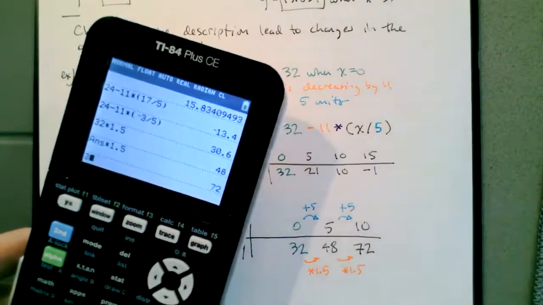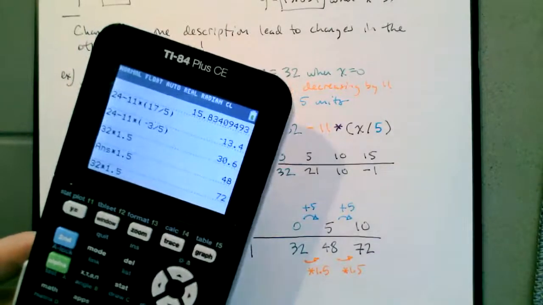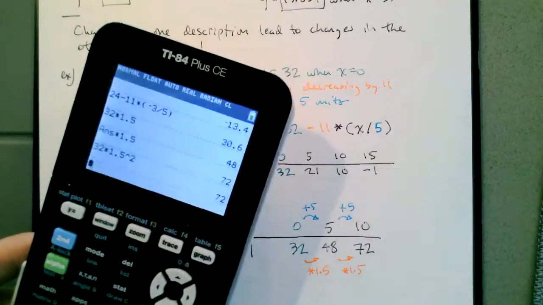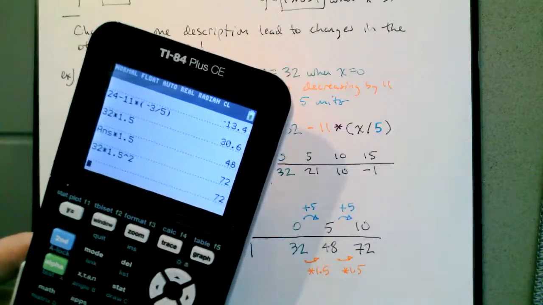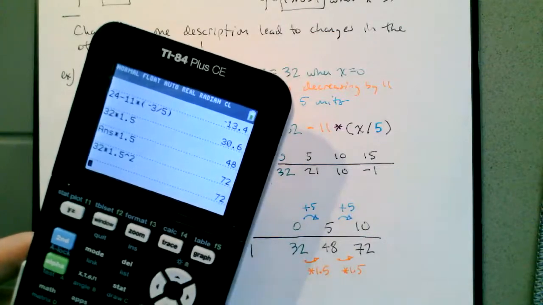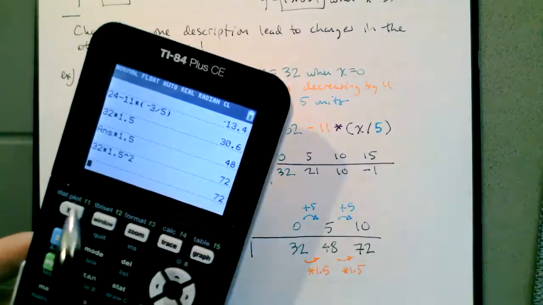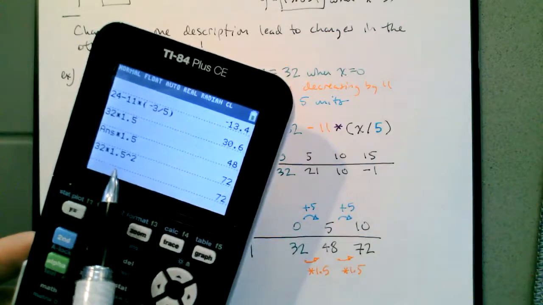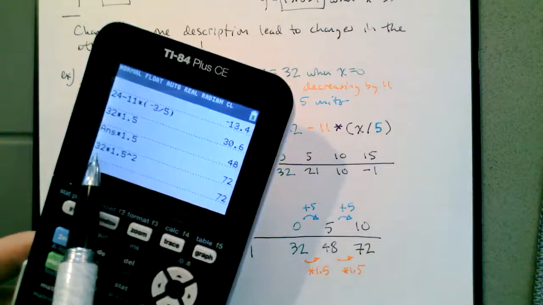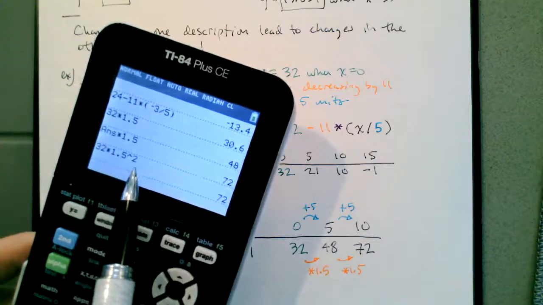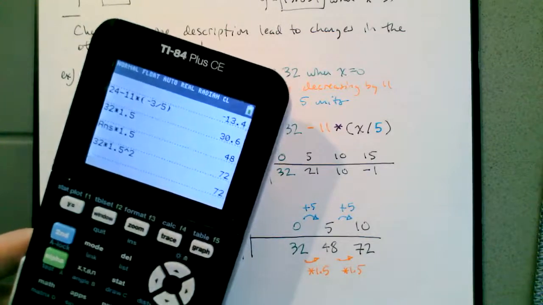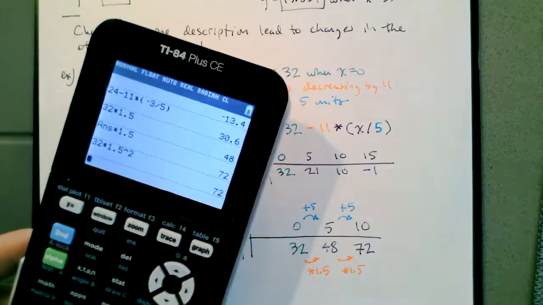If I start off with 32 and multiply by 1.5 twice, we get 72, because that's what exponents are. Exponents are repeated multiplication. And writing the expression 32 times 1.5 to the second means take 32 and multiply by 1.5 2 times. I can even go backwards.